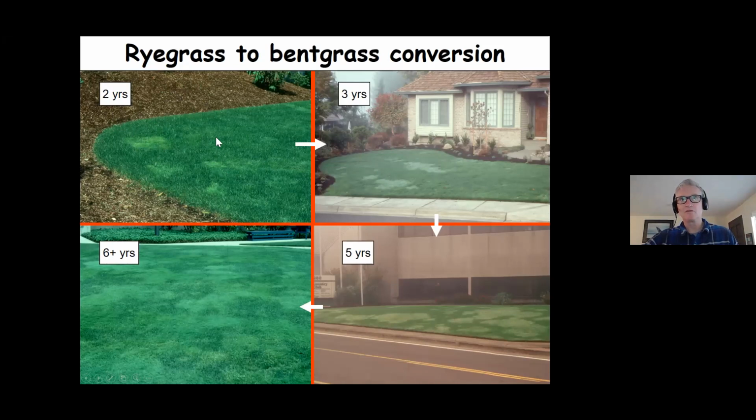So this is after 2 years, after 3 years, after 5 years, the conversion is happening, and it's maybe 60, 70%. And then 6+ years, it's mostly bent grass. Why? Because bent grass will grow with less fertilizer and it'll grow with less water. So unless you're really taking steps to keep the ryegrass growing and reseeding it on a regular basis, the conversion will happen.